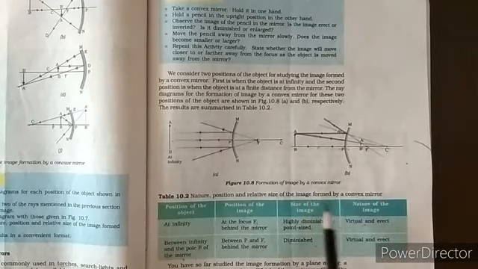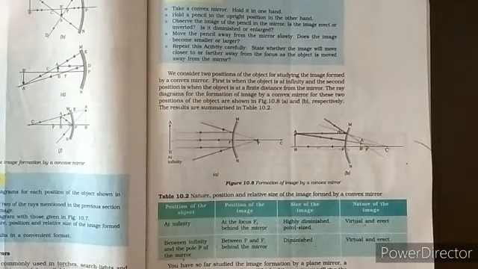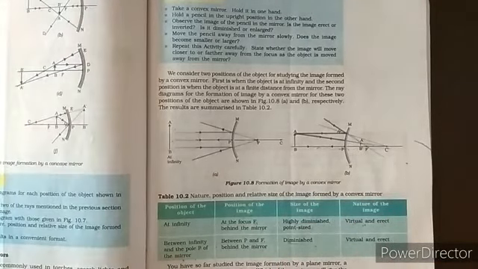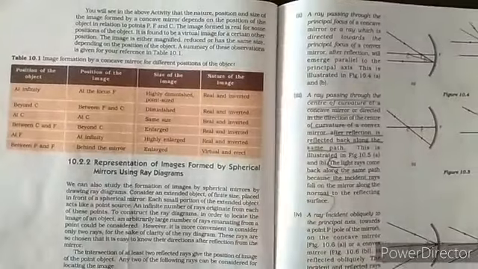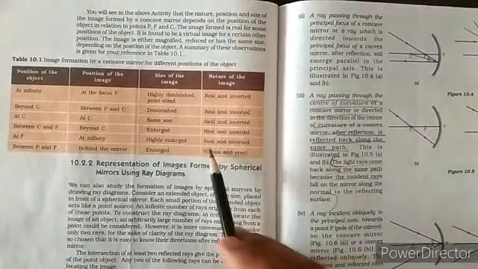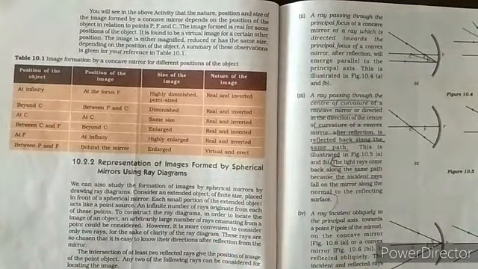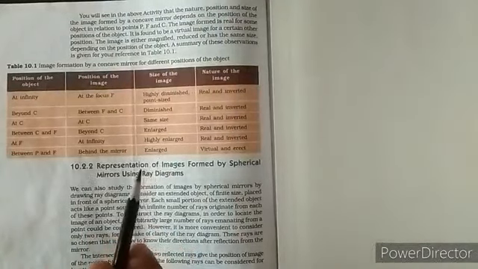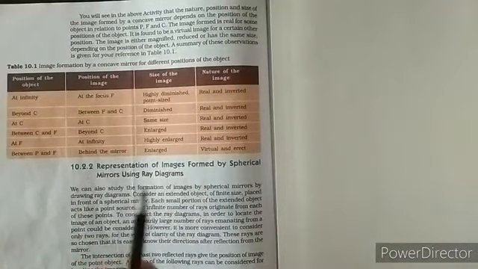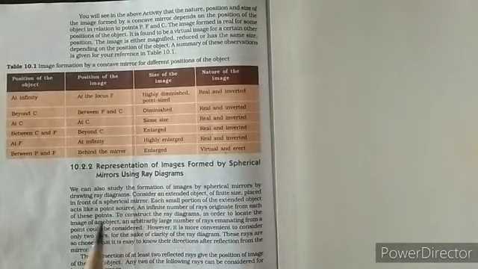So from this you understand that a convex mirror always gives a virtual and erect image, whereas for a concave mirror, the image could be real and inverted, but see this last one, it is virtual and erect. Now here we have an answer for our question: why does the dentist use a concave mirror, and even for shaving we use a concave mirror?